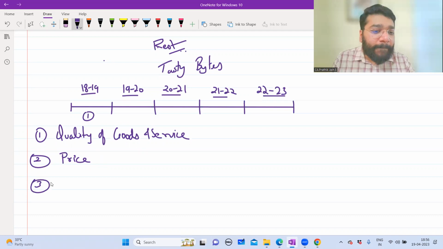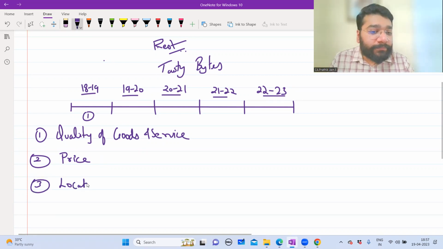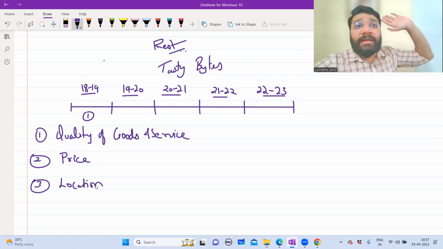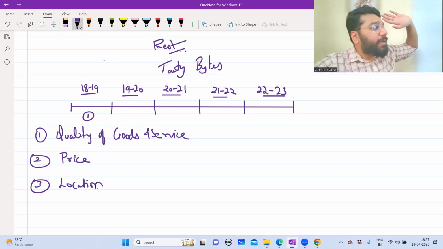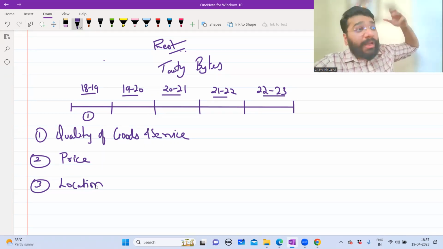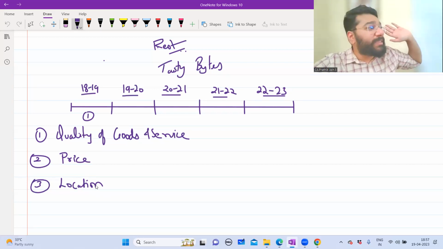Third thing, location. Location plays again a very vital role. Now, imagine you are opening a restaurant somewhere in the interior part of any village or any town, where for people to travel itself will take 10-15 kilometers. It is too much interior.